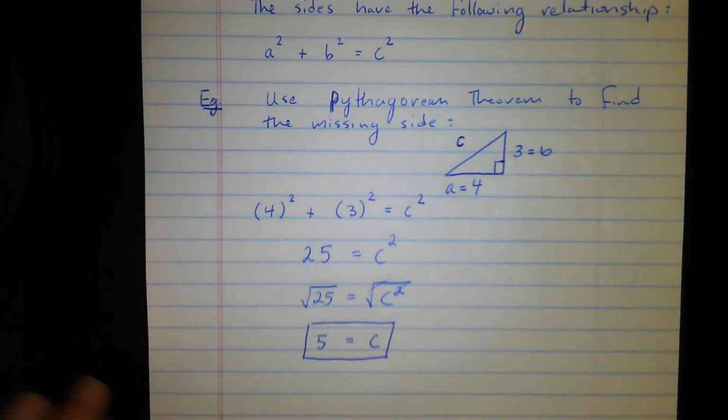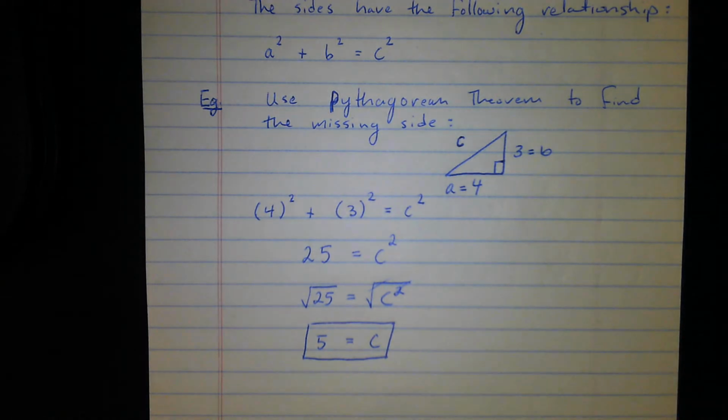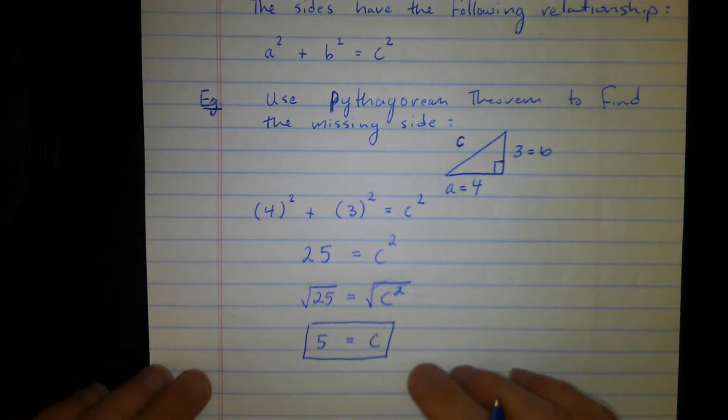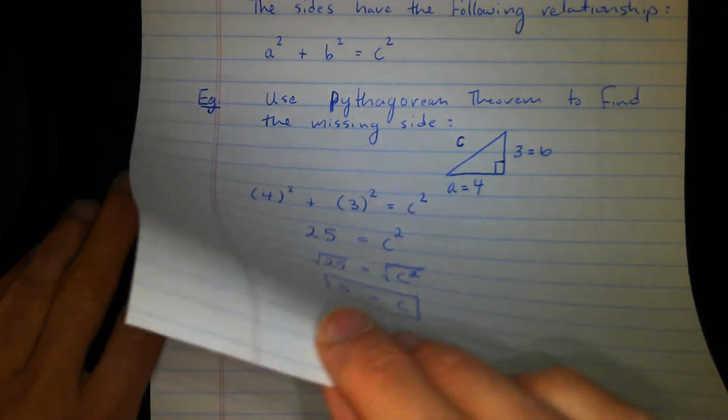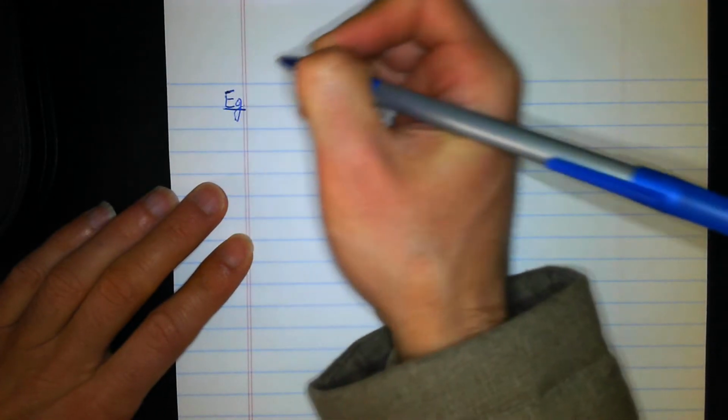Good. Okay, so let's try another example here. Let me just separate the paper here. Okay, so for example, let's find the missing side for this.